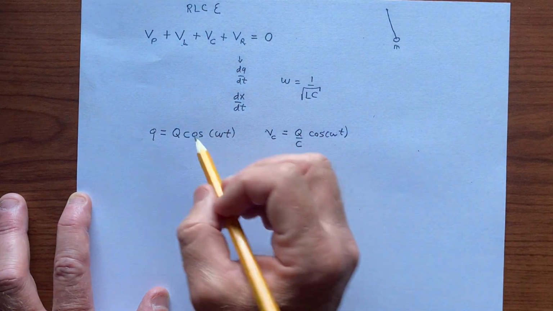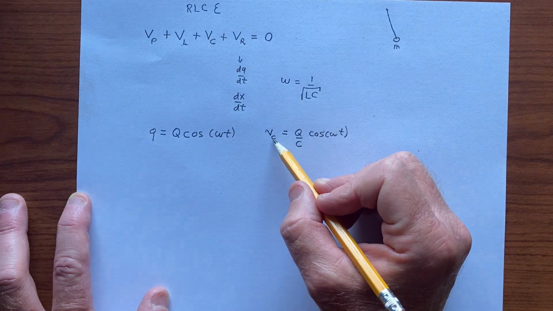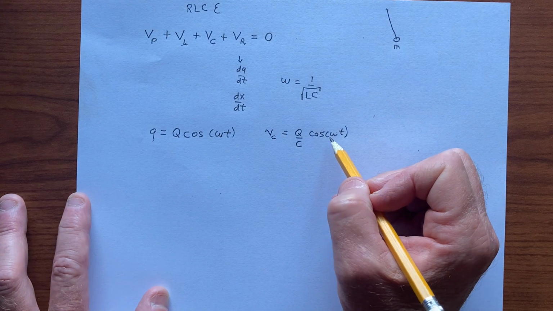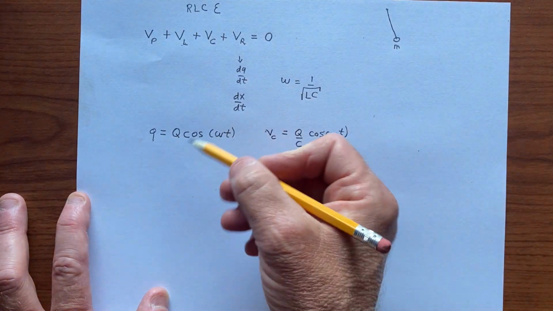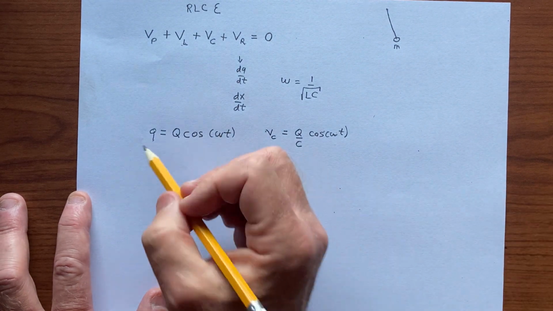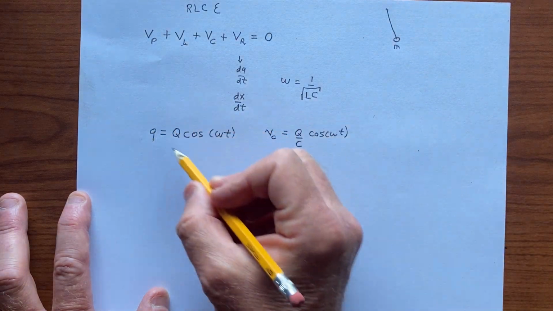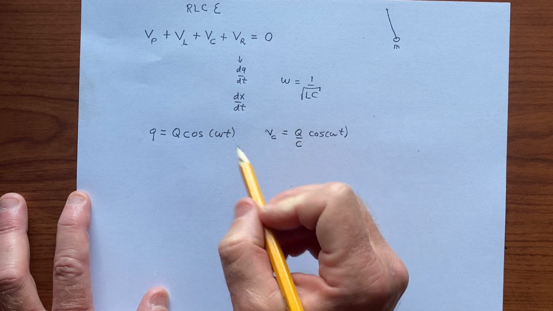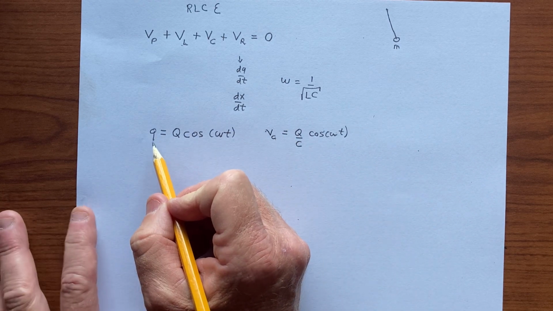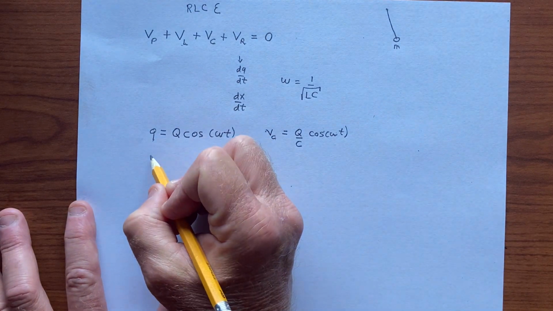And so notice that when the charge reaches its maximum value, the voltage across the capacitor reaches its maximum value. They both oscillate in the same way, same when they have their lowest value. Now when the charge is 0, the voltage across the capacitor is also 0. So we can say that the voltage across the capacitor and the charge are in phase. They increase and decrease together.